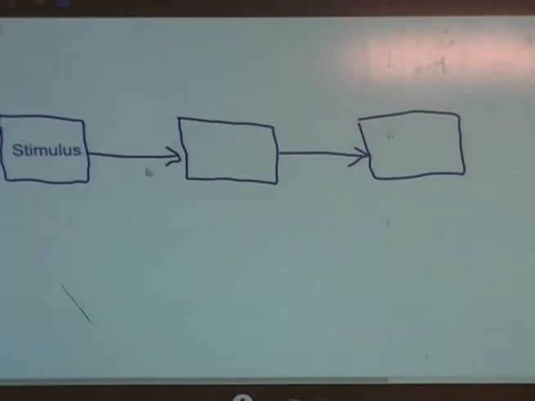Okay, now, box 2 has a lot of components in it, but we have one term that we could umbrella those under that we would call box 2. Braylon, do you remember what box 2 is? I don't.